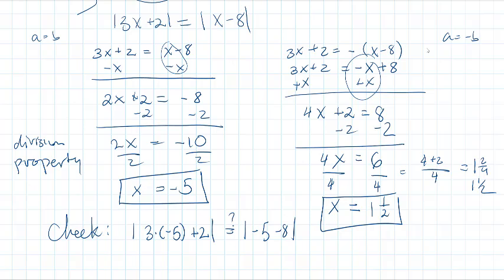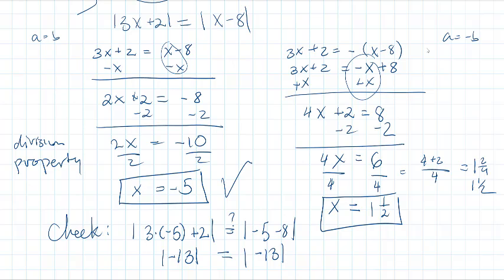Now here on the left we have 3 times negative 5, that's negative 15. We add 2 to that, we have negative 13, right? So absolute value of negative 13 equals, and on this side we have negative 5 minus 8, so again negative 13. So this is correct. Very good.